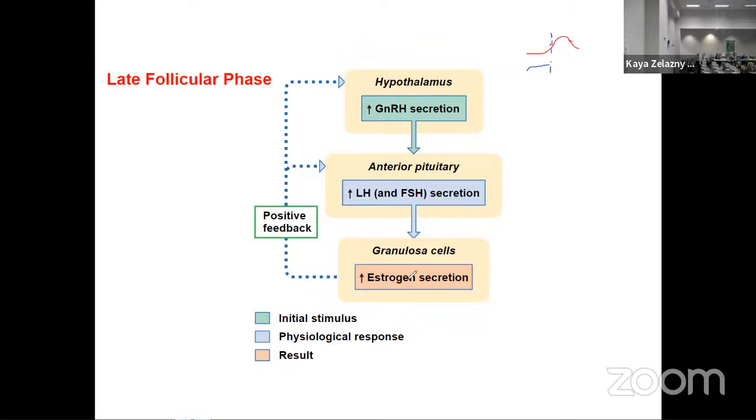That's its job. But at this point, the granulosa cells are secreting a bunch of estrogen. So estrogen secretion is increasing as we move forward. This creates a positive feedback loop during the late follicular phase, and this positive feedback loop is causing that LH spike just prior to ovulation.